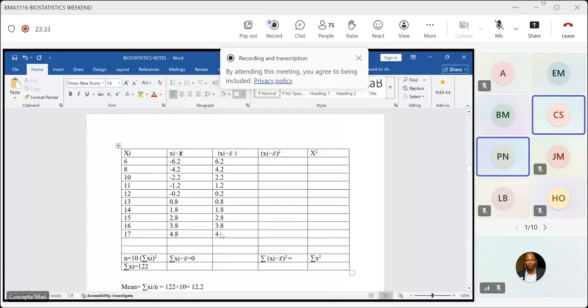So we have made our data absolute by removing the sign.